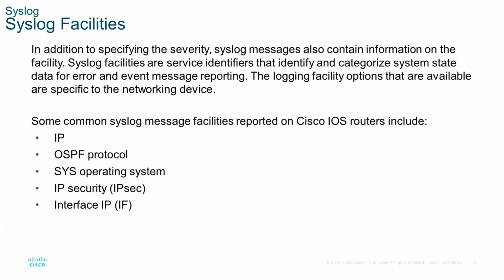So we can categorize what the trigger point is based on those levels. So anything above, say level 4, gets a message sent to the Syslog server, something like that.